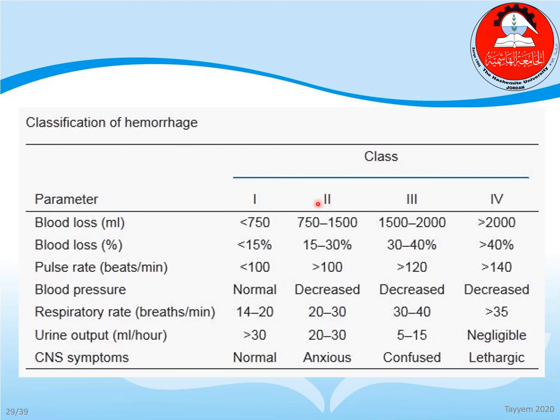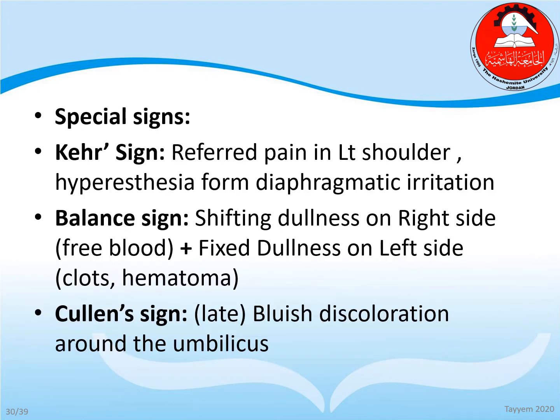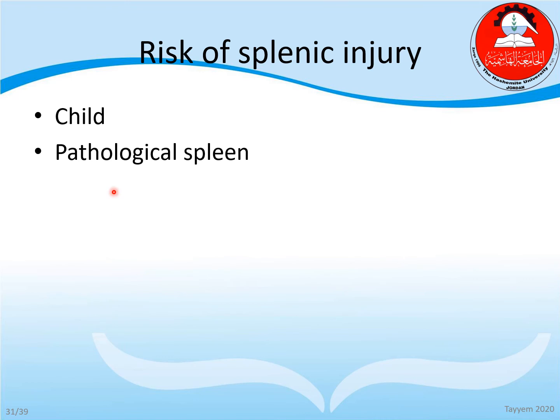And this slide will show you the classes of hemorrhage, and that will help you to estimate how much the patient has bled and how to proceed in the management. Very important slide to remember. These are special signs: Kehr sign, Ballance sign, and Collins sign, that will help you to establish the diagnosis of splenic injury.